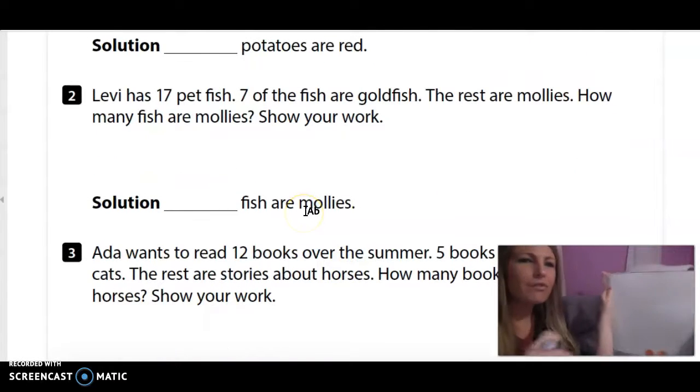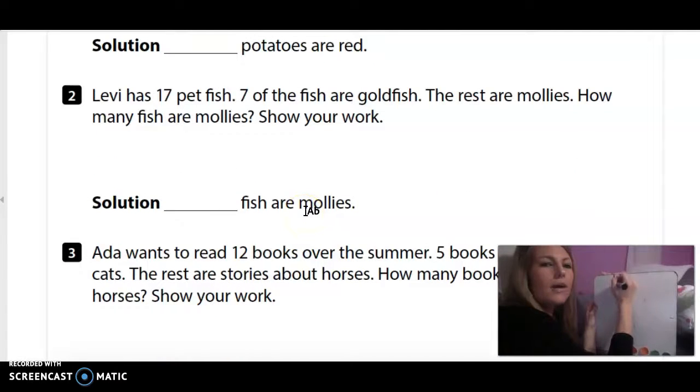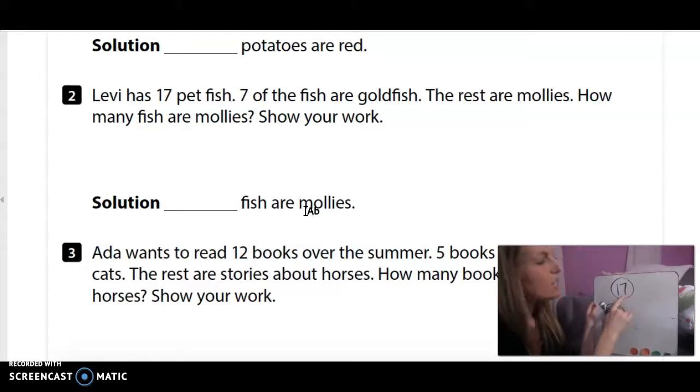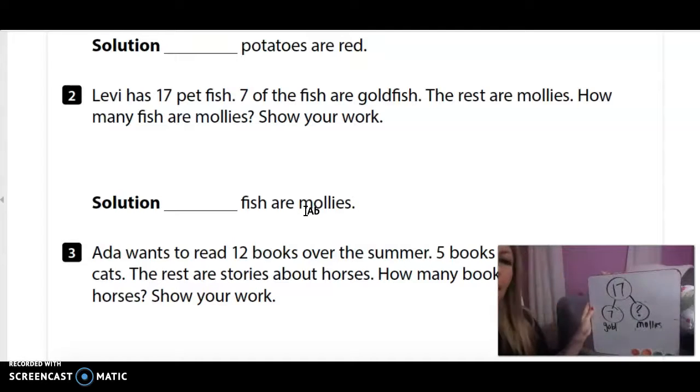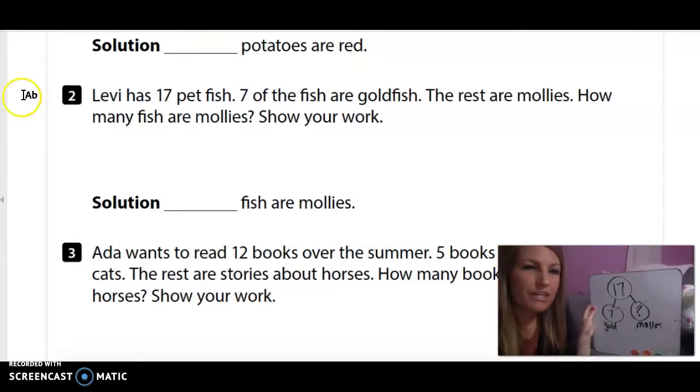Let's see if we have time for one quick more. All right, Levi has 17 pet fish. 7 of those fish are goldfish. This is how much he has altogether. He has 17 altogether. Of those 17, 7 are goldfish, and the rest are mollyfish. All right, how many fish are mollyfish?